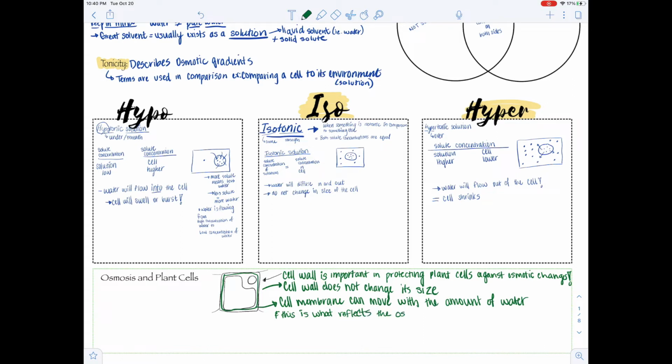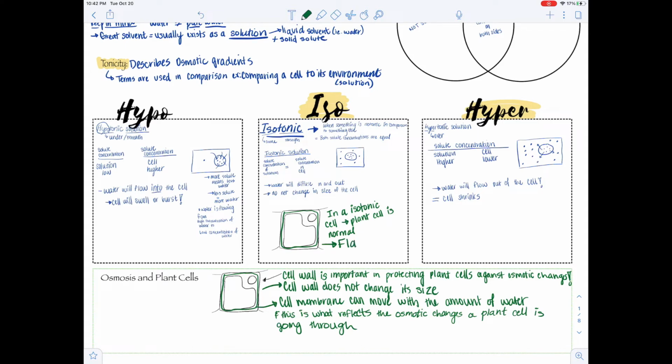So the change we see with our cell membrane is what's going to reflect the osmotic changes that plant cell is going through. So I want us to take some time and look at each of our examples for iso, hypo, and hyper, and look at what we would see if we looked at plant cells. So in an isotonic solution, a plant cell is going to be normal. Okay, so the solute concentration outside and inside is the same, and we refer to this as flaccid. Okay, so the term for plant cells in isotonic is flaccid.